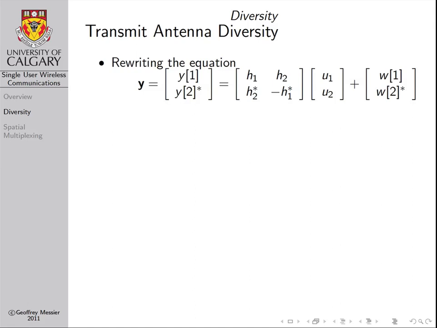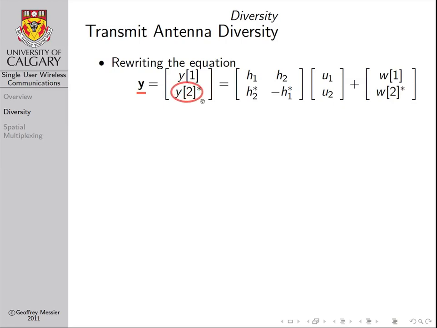So in order to see how this works, we can manipulate the equation a little bit and write our received samples as a vector. Although remember, this isn't a spatial vector. This is a vector in time. These are samples received over two different time intervals. And we play a few games to put these equations in a slightly different form.